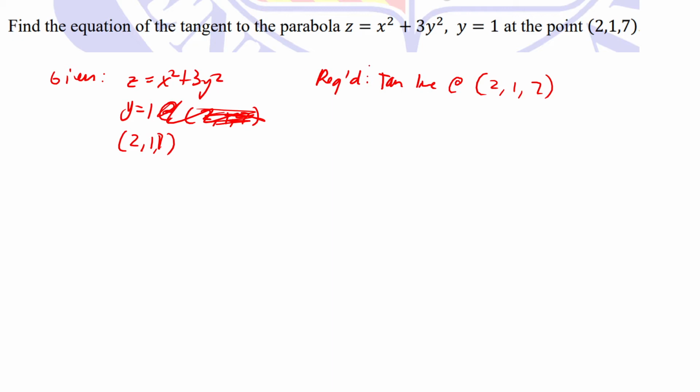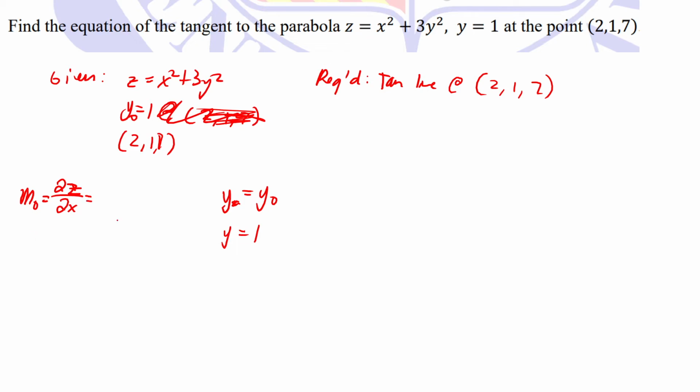So, what do we do first? You look at what's constant. In this case, y is constant. So, your equation would be y is equal to y sub o, or y is equal to 1 always. Okay. What about for your tangent line? Since y is constant, your slope will be the partial of z with respect to x.